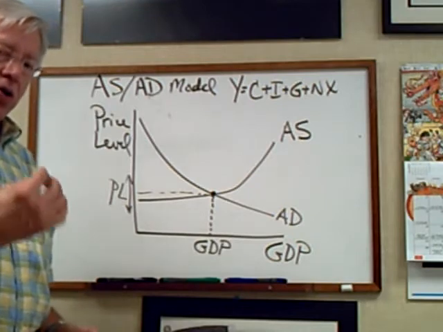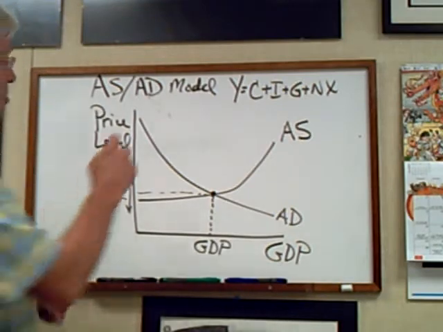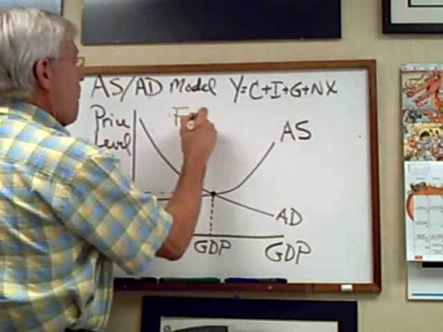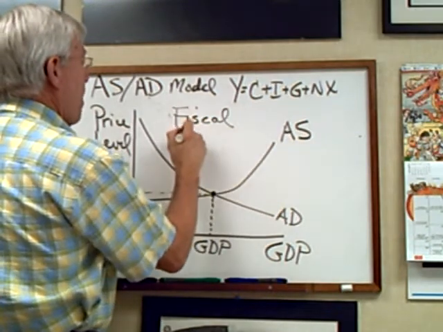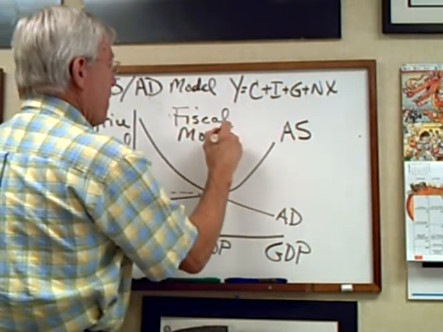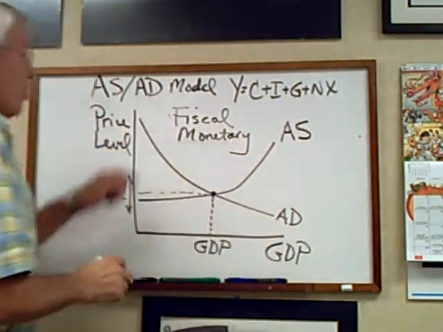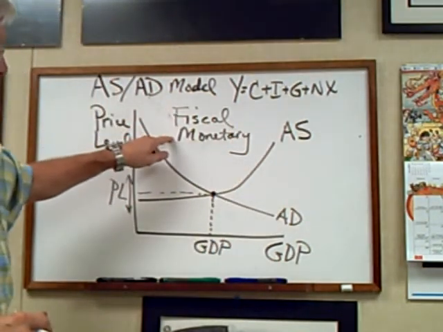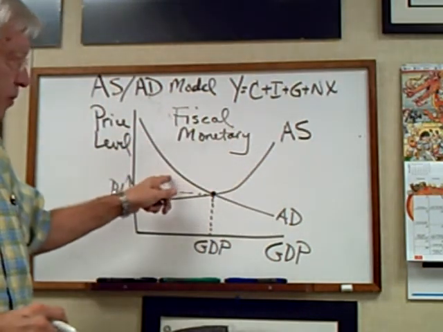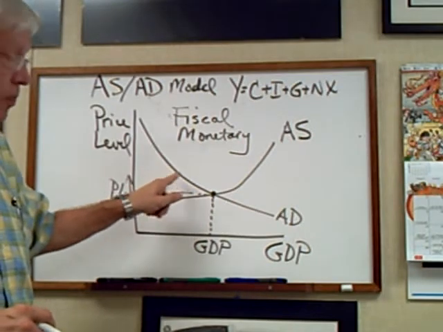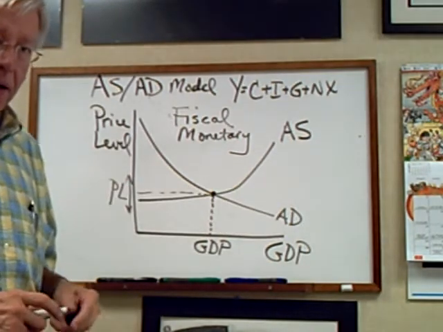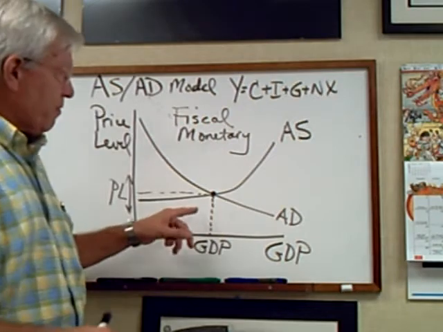Let's consider the two fundamental policy choices. Both fiscal policy and monetary policy can be used to influence aggregate demand or aggregate supply, and it depends primarily on the focus.